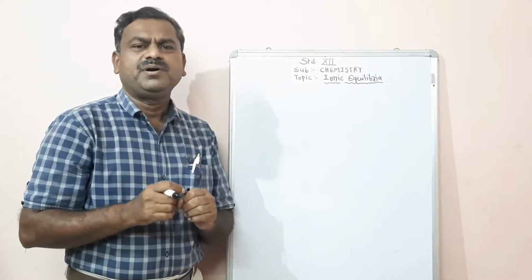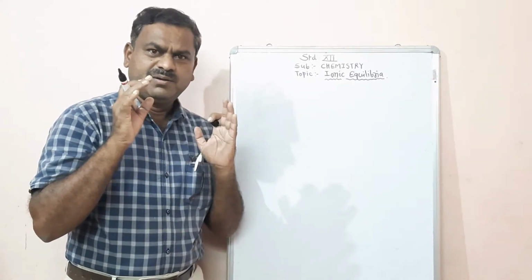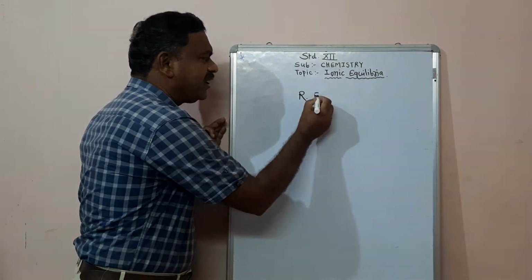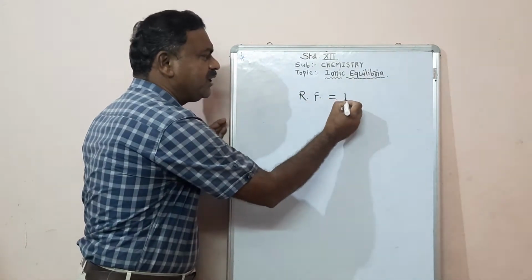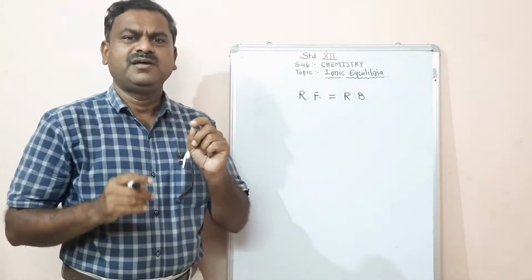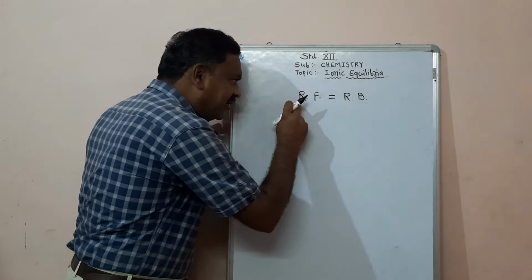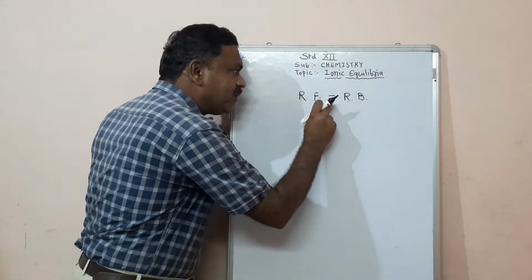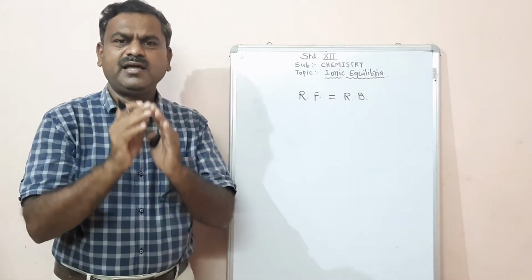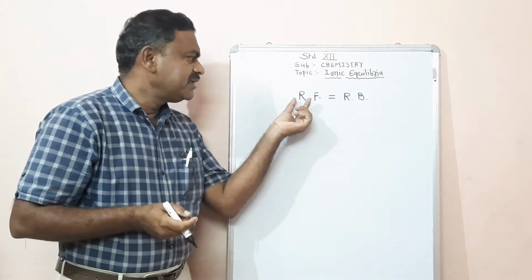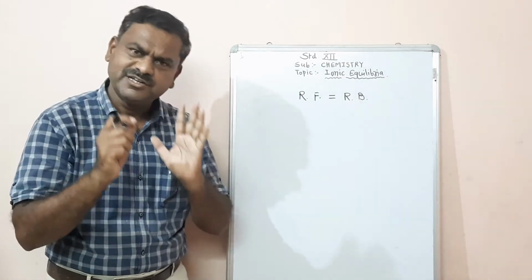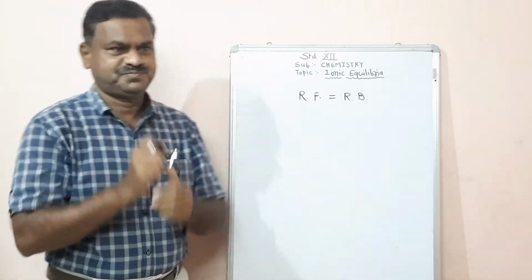The equilibrium where the rate of the forward reaction is equal to the rate of the backward reaction. The chemical reaction has a forward and a backward reaction. That is the same. That is nothing but chemical equilibrium.